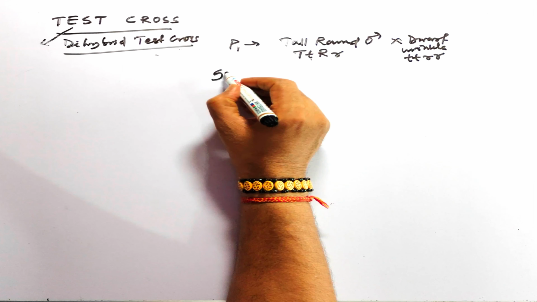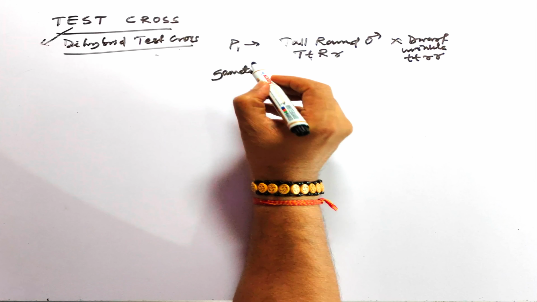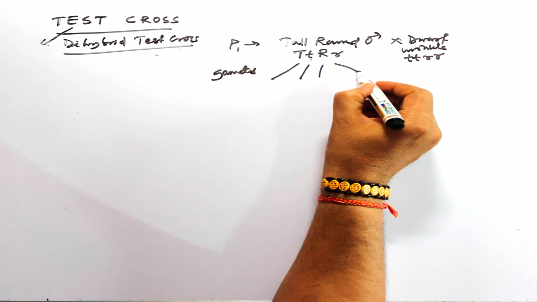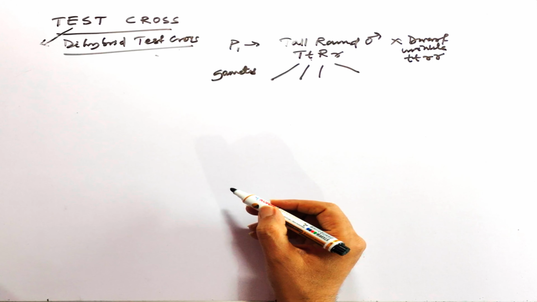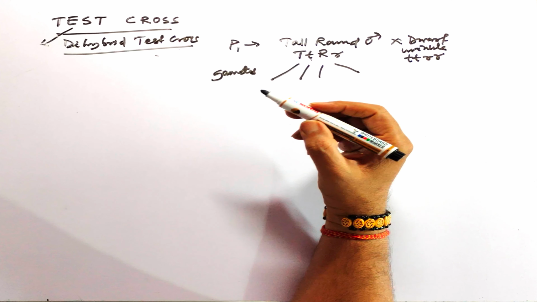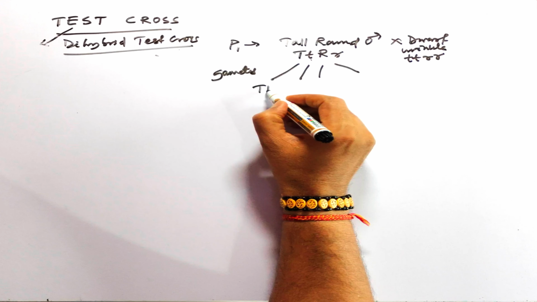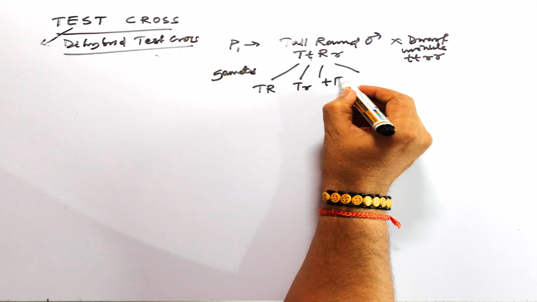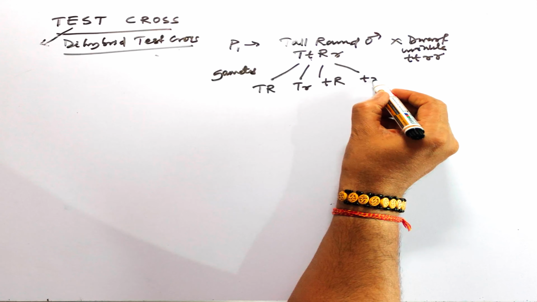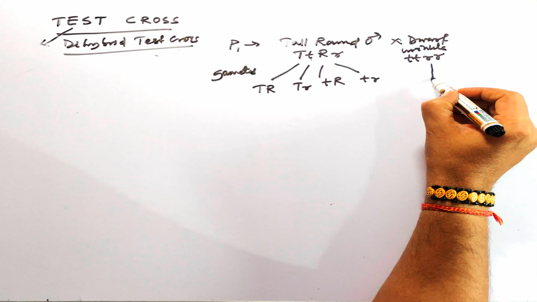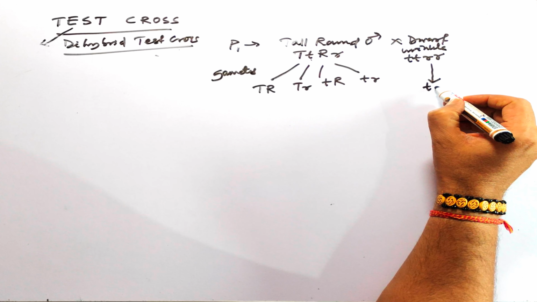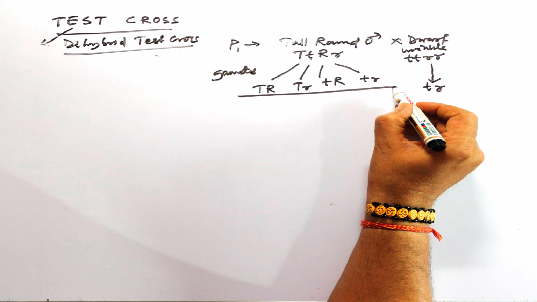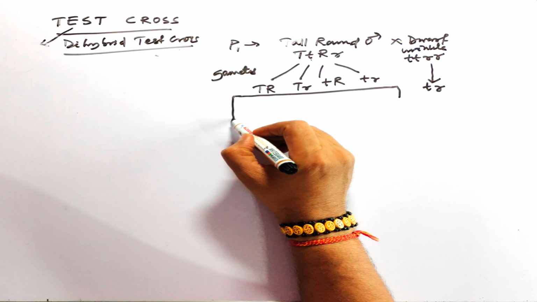Then gametes are formed. We can find here 4 different types of gametes, which we have already discussed in the dihybrid cross, that is capital T capital R, capital T small r, small t capital R, and small t small r, and the double recessive parent will produce only one type of gamete, that is small t small r. So we can make a checkerboard also.